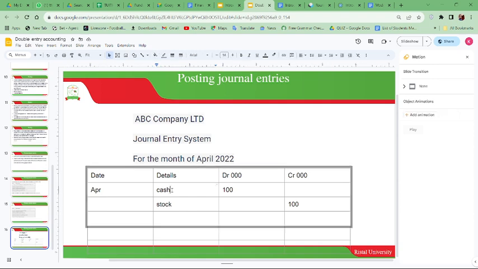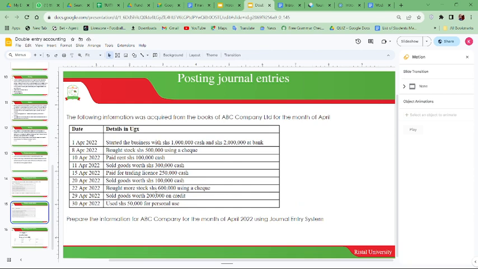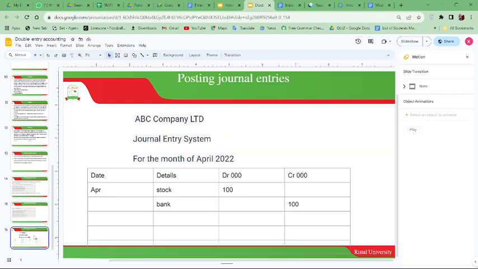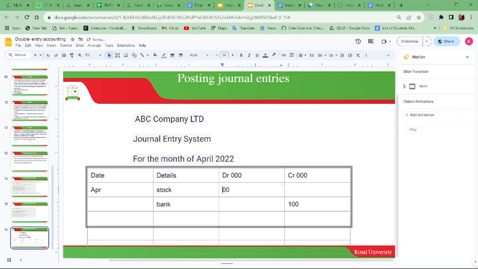So here we have stock, then we have bank. You indicate the amount, which is 600, and here we have 600.